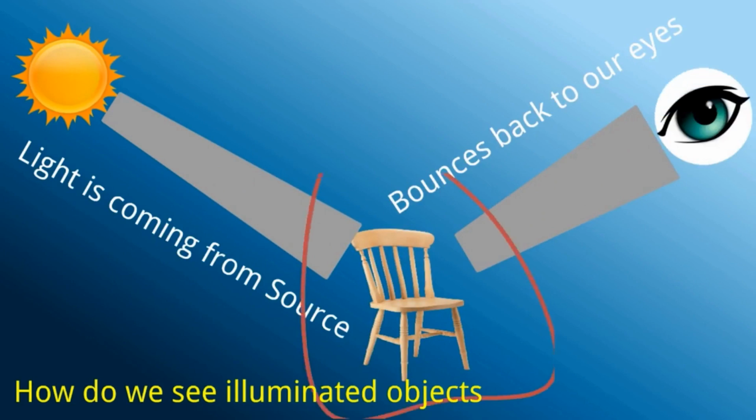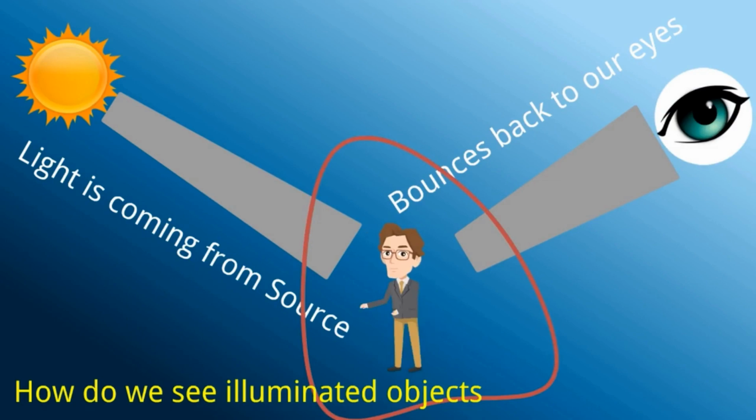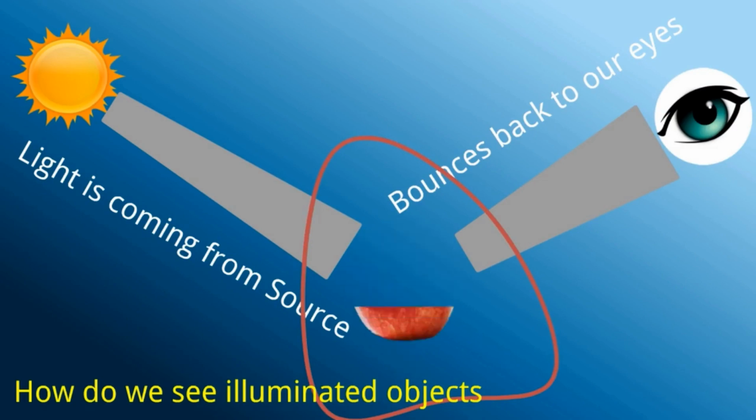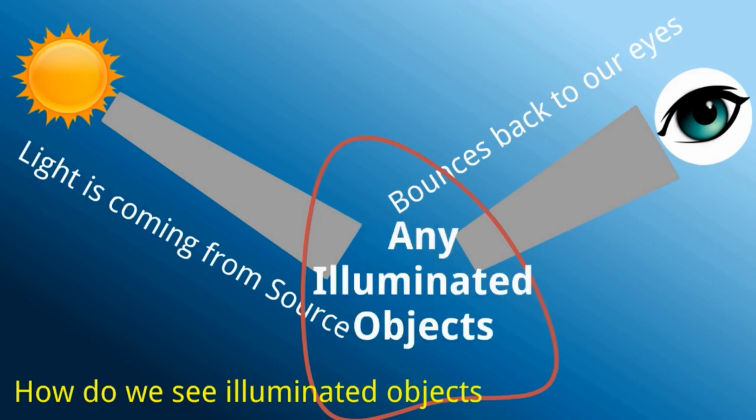In the same way we can see a person, a football, and even an apple. Light falls on the apple and bounces back to our eyes and we can see the apple. In that way, we see all illuminated objects with the help of light from a luminous object.